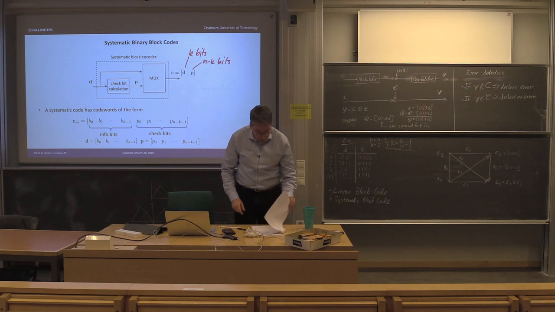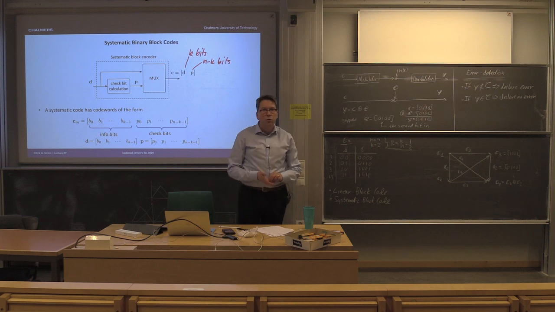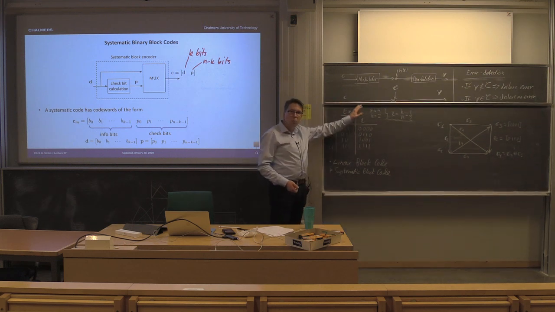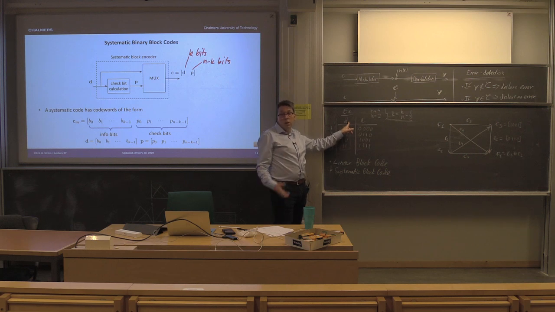Okay, let's return to that a little bit and make an example on how to do this error detection in an efficient way. Because for real codes, it's not practical to have a table of this because it scales very badly with k. So k here could be, for instance, 8,000 bits or something like that.